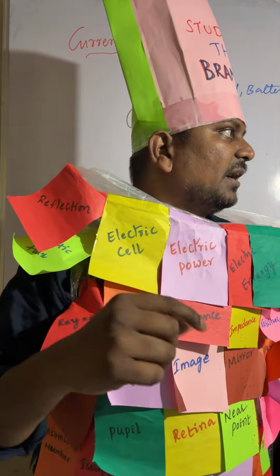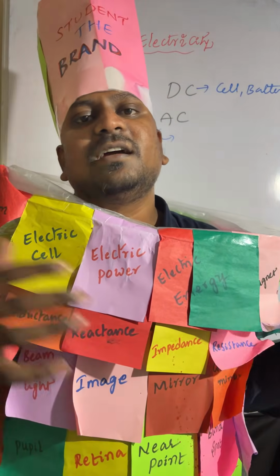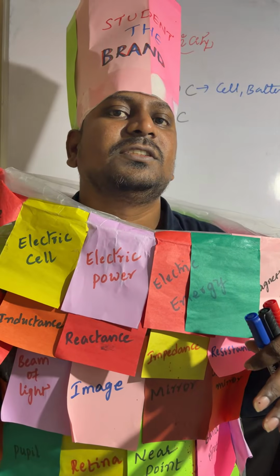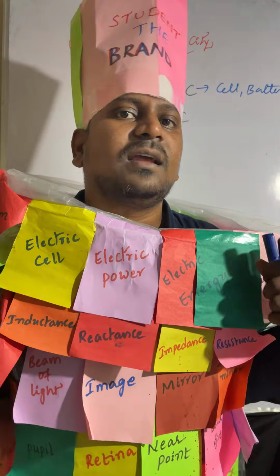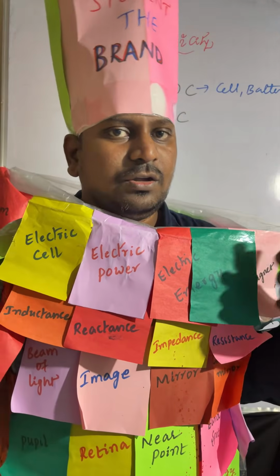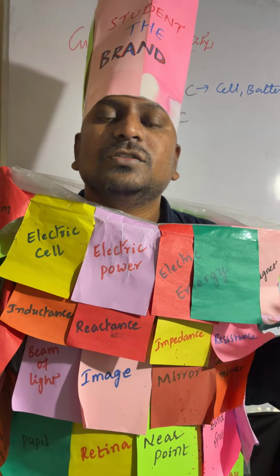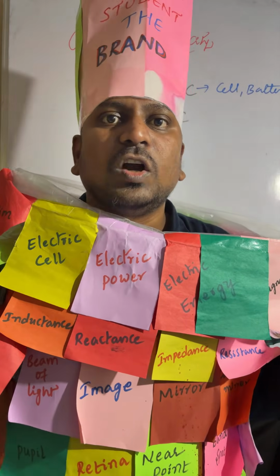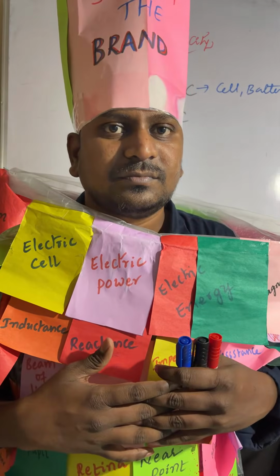So current I equal to Q by T, the rate of flow of net charge, is called electric current. I equal to Q by T is the average current, and I equal to dq by dt is the instantaneous current.